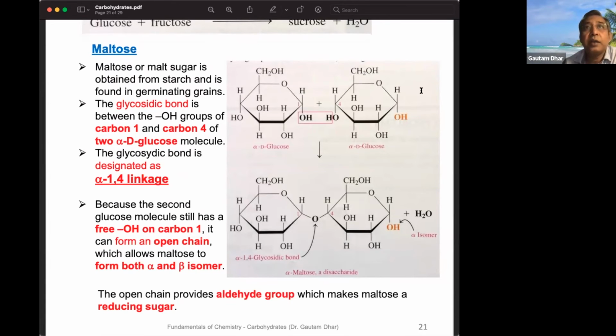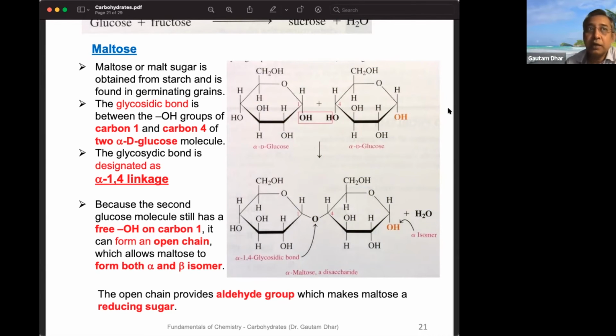Now, if you look at the product, the second carbohydrate, that is the carbon on the right, and if you look at the anomeric carbon, it's still open. That's still reducing. That means it can open and close. It can form the aldehyde, so it will give you the aldehyde test. And on that, if you look at the product, if the OH is pointing down, we call it alpha.